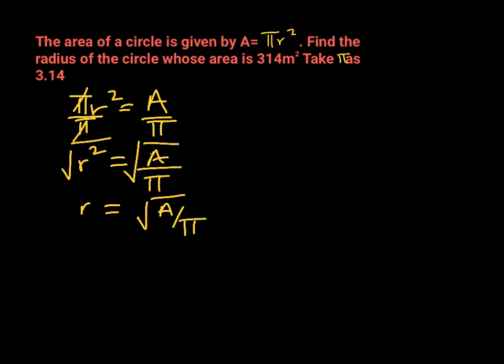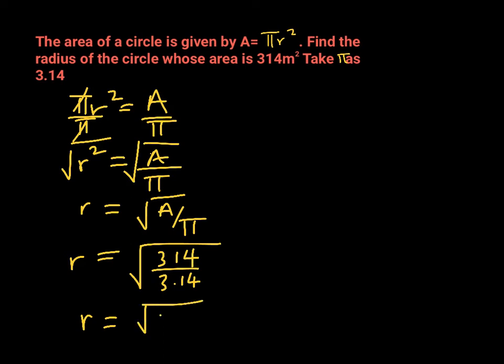Now we know that r is A over pi. Because we know the area, which is 314, we can substitute the values. So 314 divided by 3.14. This is going to give us 100.